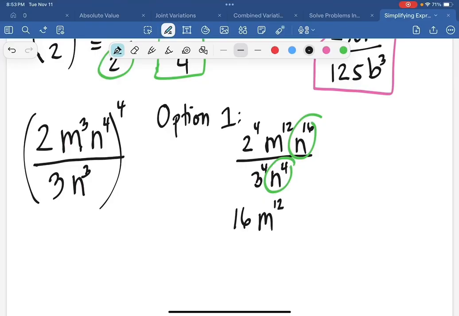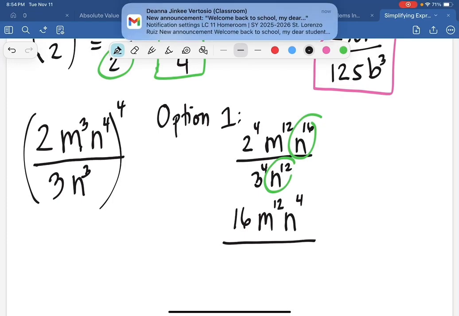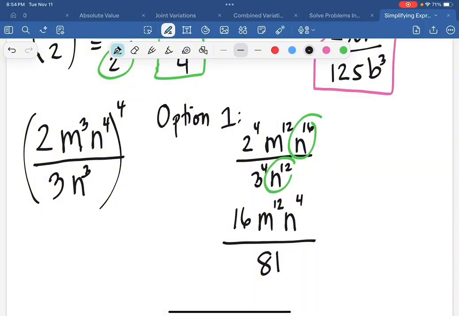Sorry. This one here is supposed to be 12. Now, 16 minus 12 is 4. So we get to have n raised to 4 over 3 raised to 4. 3 times 3, 9 times 3, 27 times 3, 81. Okay? And this is our final answer. 16 m raised to 12 n raised to 4 over 81.